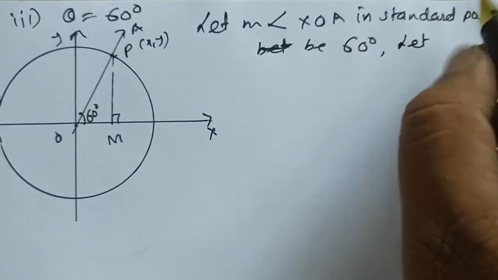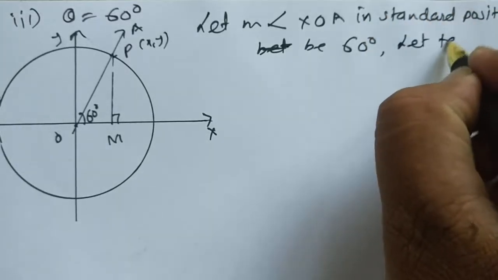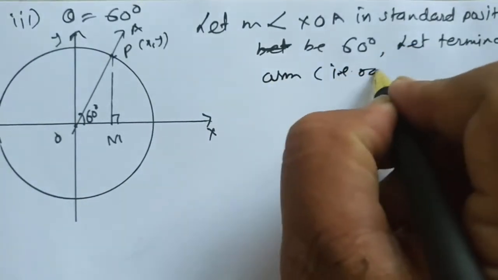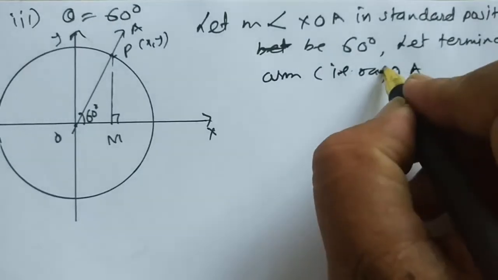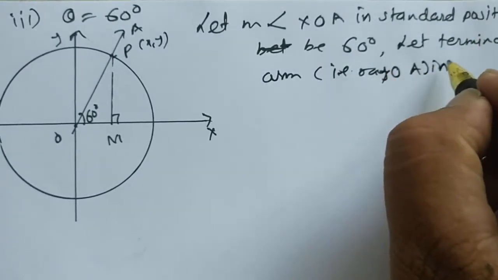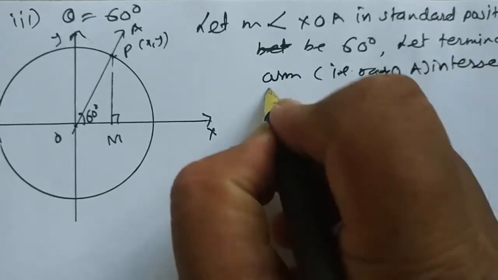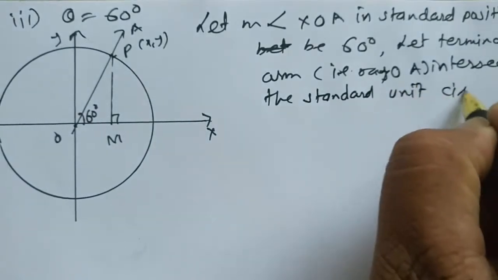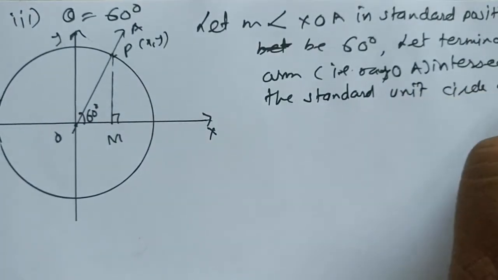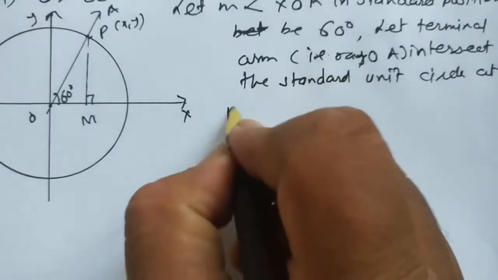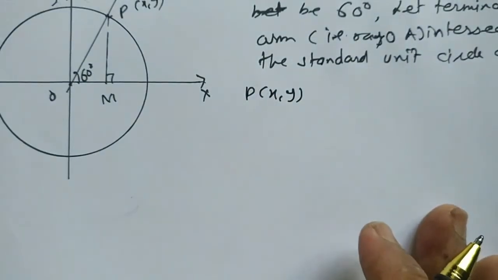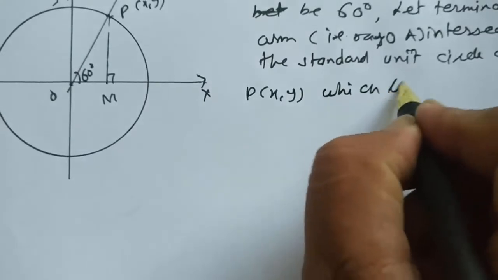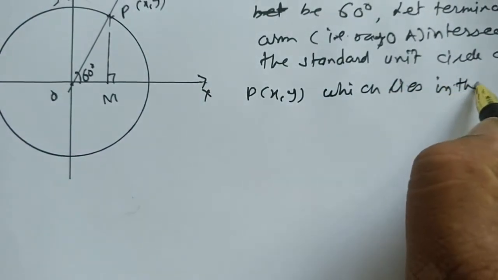Let the terminal arm, that is ray OA, intersect the standard unit circle at P, we take P as (x, y), which lies in the first quadrant.